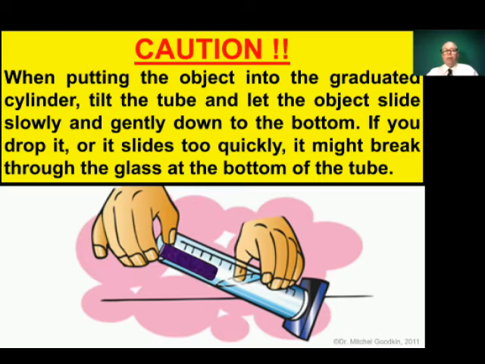Here's something I want to caution you about. When you put an object into the graduated cylinder, you want to tilt the tube and let the object slide down slowly and gently to the bottom. If you just drop it in like I did in the animation, it'll break through the glass at the bottom of the tube, and that's dangerous. So be careful. Just tilt the tube and let it slide down slowly.